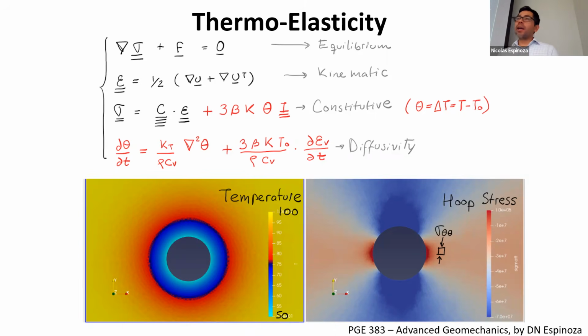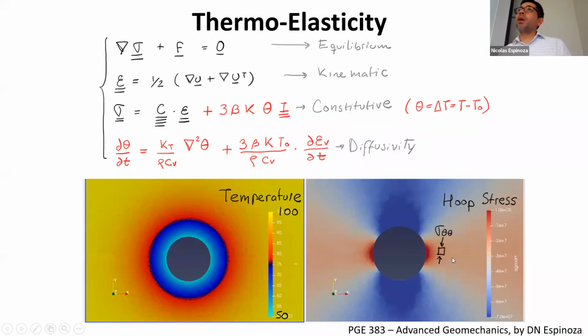Well, you can write this equation similar to what we saw before for the Navier equation. You can extend that for temperature, and then you can also solve for changes of temperature, so that, for example, in this numerical simulation, you can calculate what is the change of stress due to a change of temperature near a wellbore.